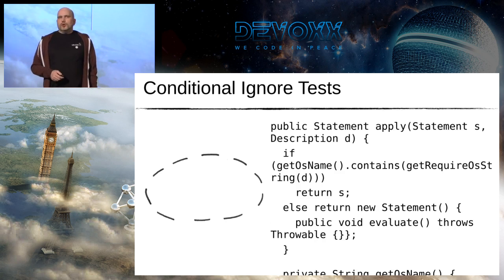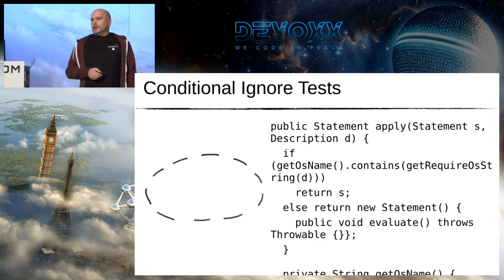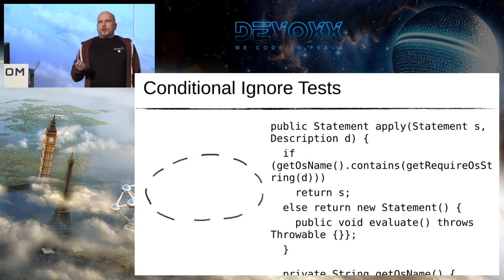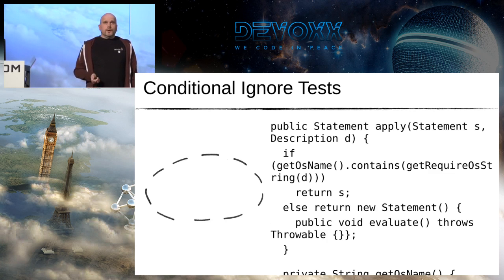Such a rule would look simplified like this. You have a condition that tells you if you want to run the test or not. If the condition succeeds, you just return the statement. And if the condition doesn't hold, you would return an empty statement that just does nothing.